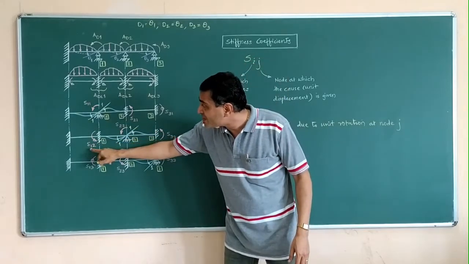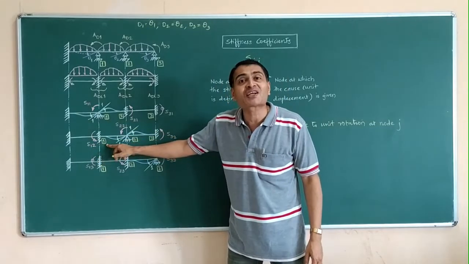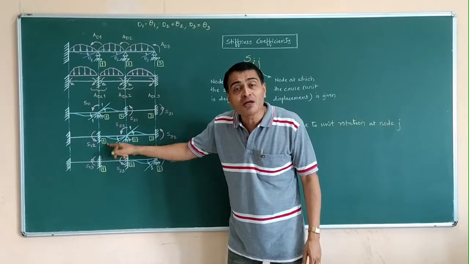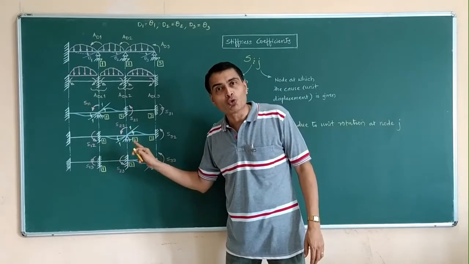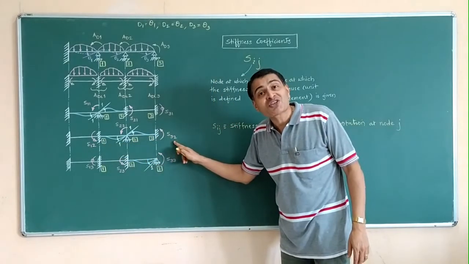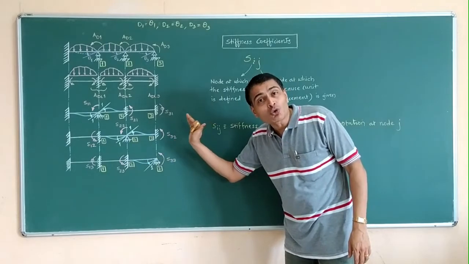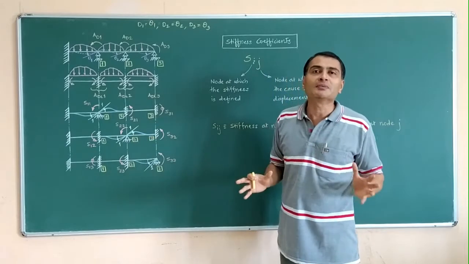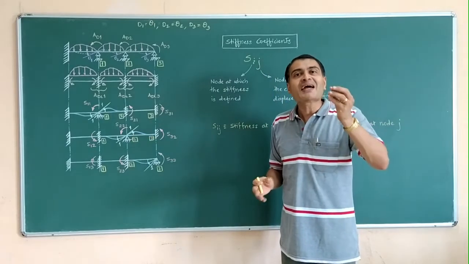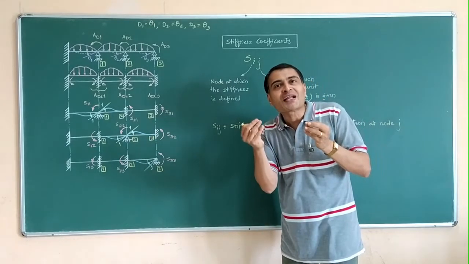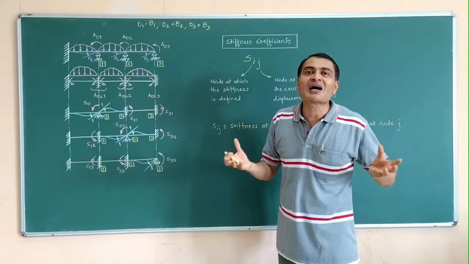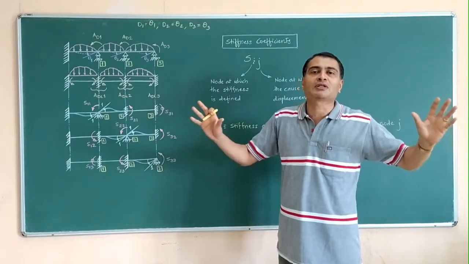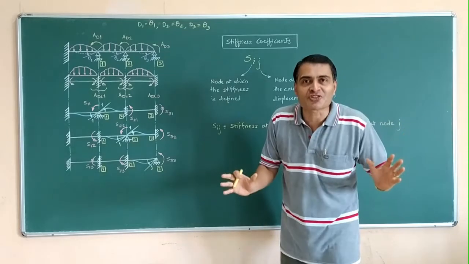This I am calling S12 because it is action generated at 1 due to unit rotation at 2. This I am calling S32. It is action at node 3 due to unit rotation at 2. So simple. Movement at I due to rotation at J is my Sij, stiffness coefficient. That is as simple as that.